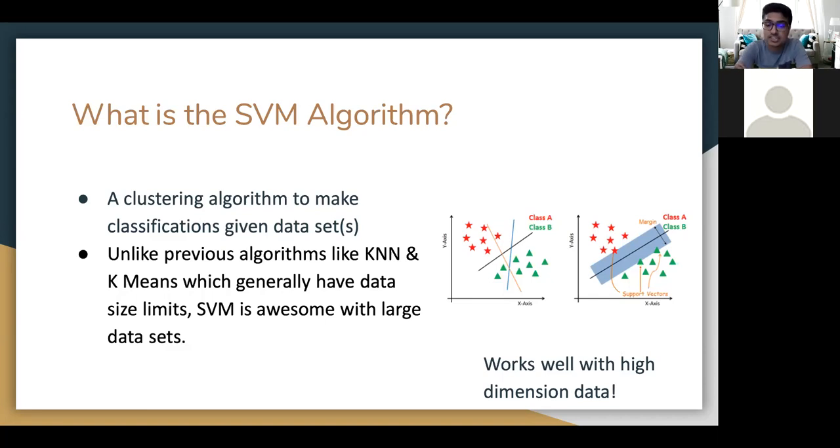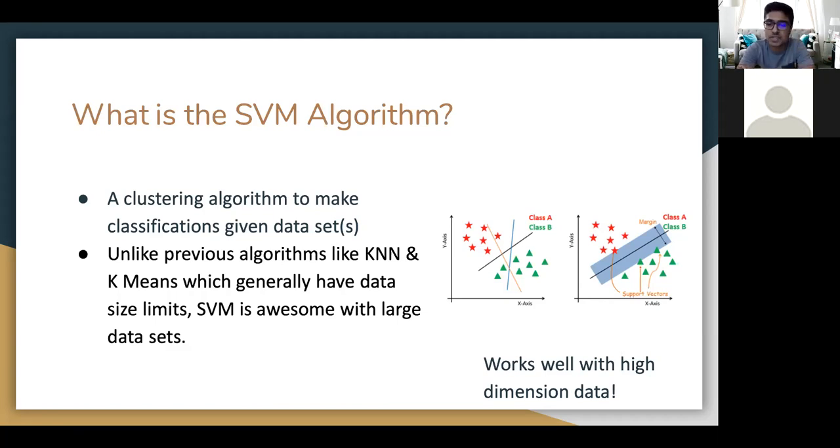However, the support vector machine algorithm, aka the SVM, is a much better fit in that case. SVM actually works amazingly well with large pieces of data, meaning hundreds of millions, hundreds of thousands of pieces of data. SVM is awesome at predicting and classifying where certain data pieces belong.